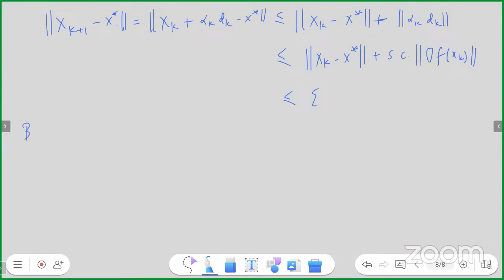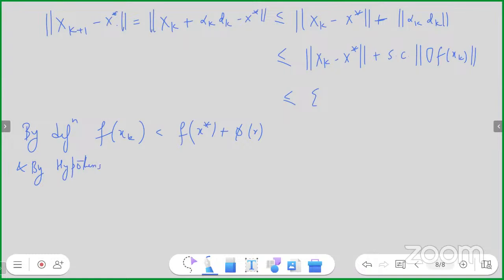By definition, f of xk is less than f of x star plus phi of r. And by hypothesis, f of xk plus 1 is less than or equal to f of xk.